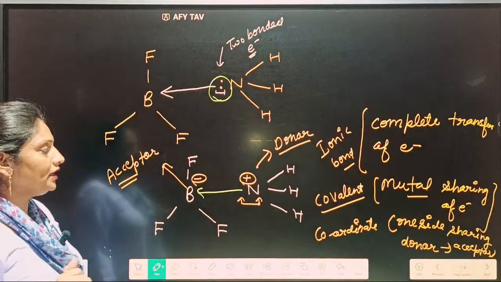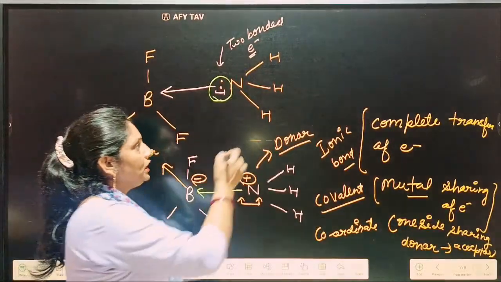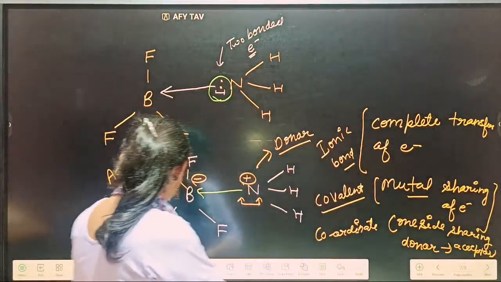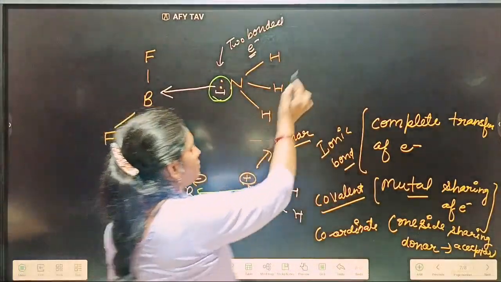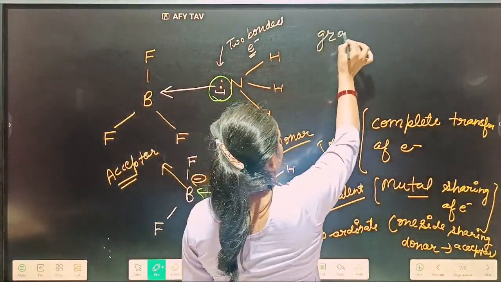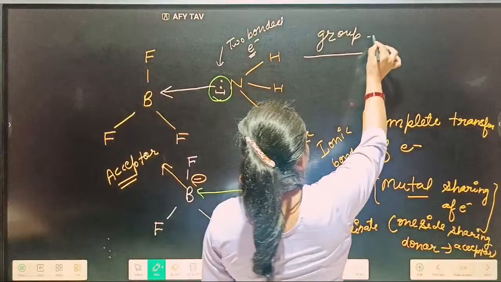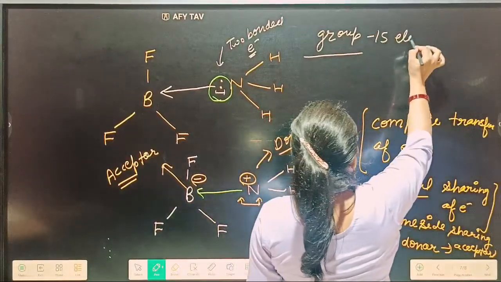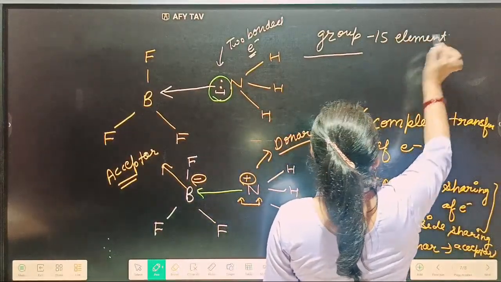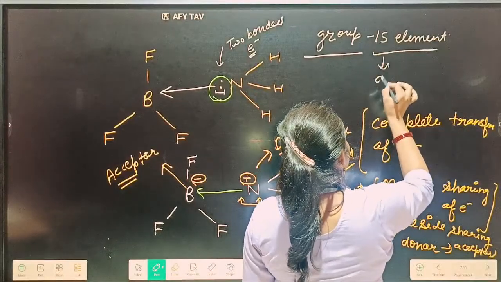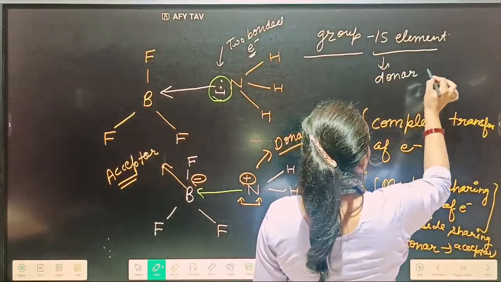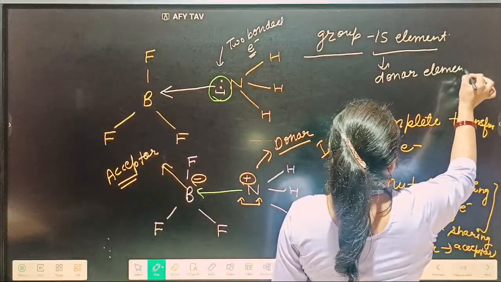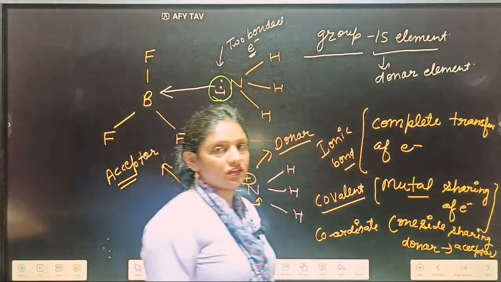In most cases, students, group number 15 elements behave like donor elements. In almost all cases it happens.